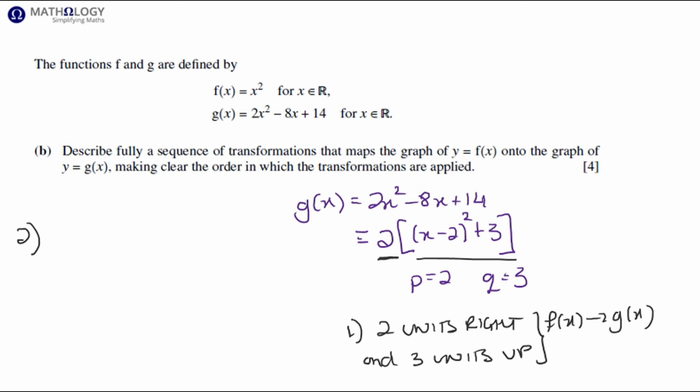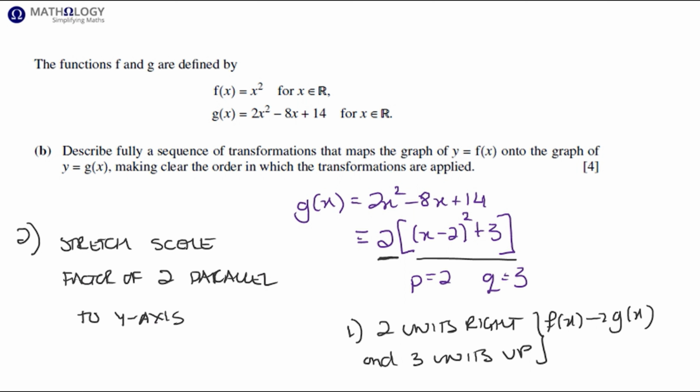So we will have a stretch, the scale factor of 2, and this is parallel to the y-axis. So the full transformation will be f of x is shifted 2 units right and 3 units up, and then it is stretched by a scale factor of 2 parallel to the y-axis.